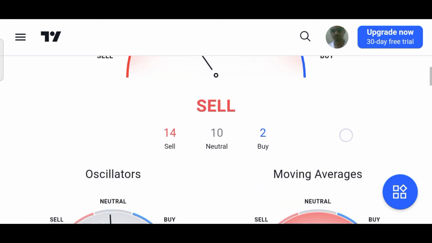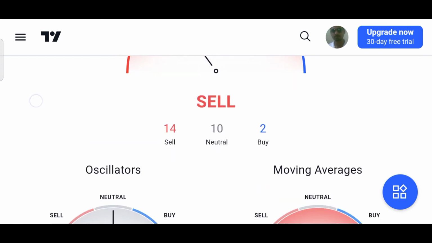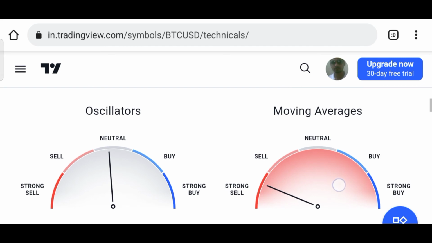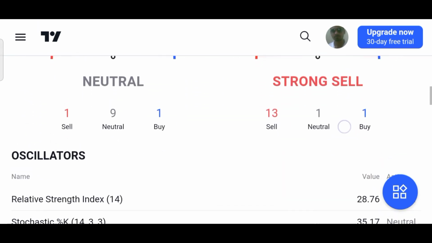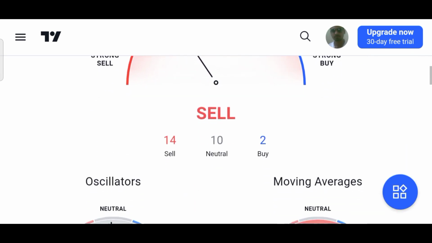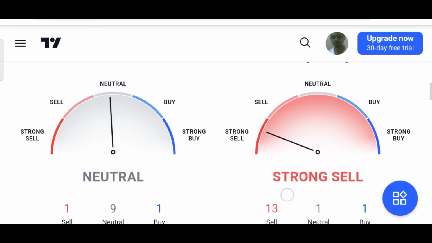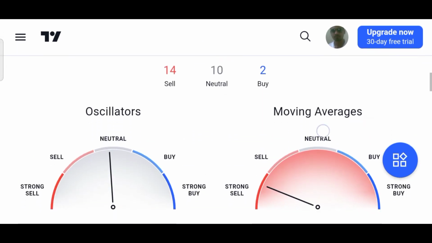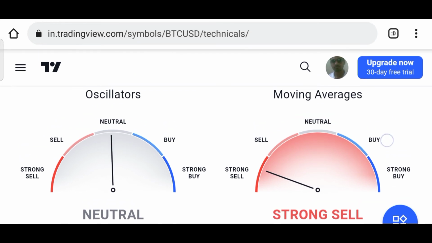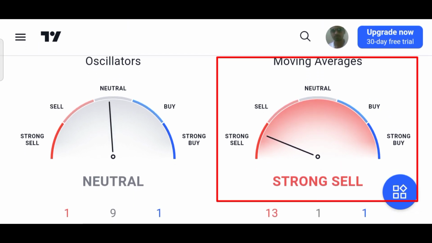Now scroll down to moving averages. See there, this is moving averages indicator.